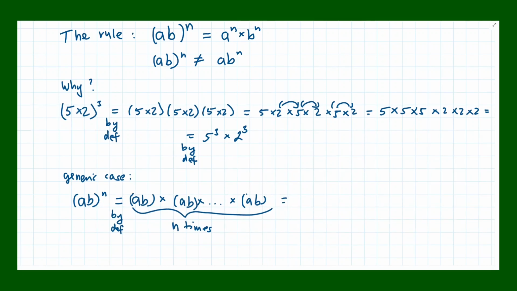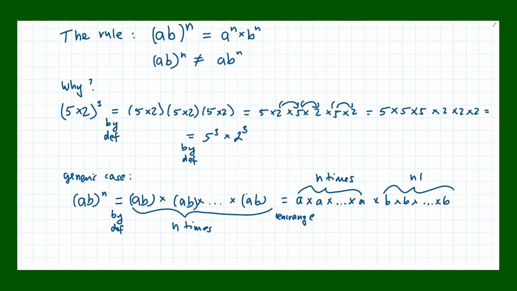So we can rearrange it using the properties of multiplication. We can just rewrite it as a times a times a, and then times b times b times b. How many a's do we have? We have n of them. And how many b's do we have? Again, we have n of them.